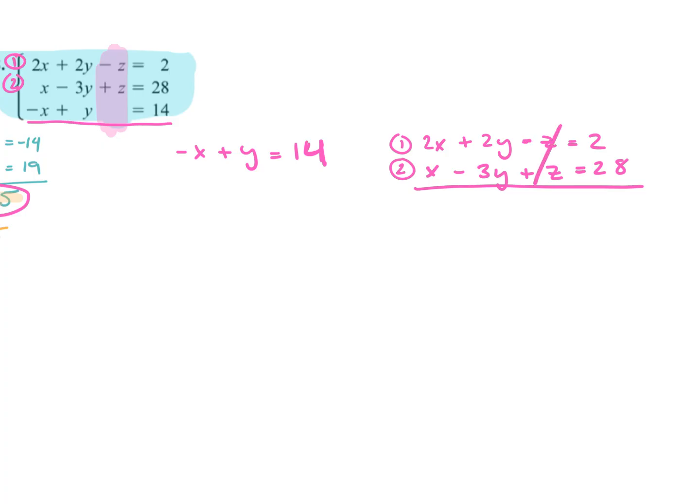So let's combine all of our like terms. 2x plus x, 3x, 2y minus 3y, negative y, and then 28 plus 2, 30. What can we do next?